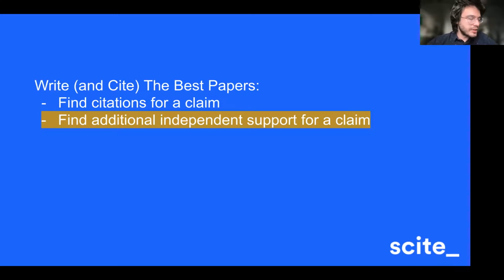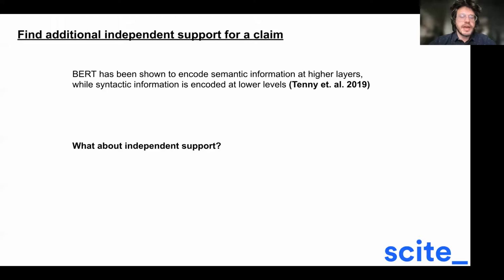Now, we can also find additional independent support for a claim, which means that sometimes if we have some claim and we know that it's been supported in some line of work, we would be a lot more confident if there are independent supports that were a bit separate from that.